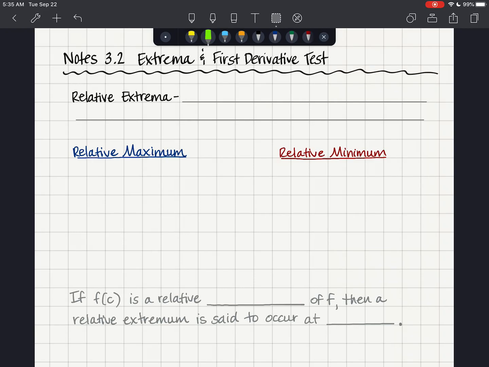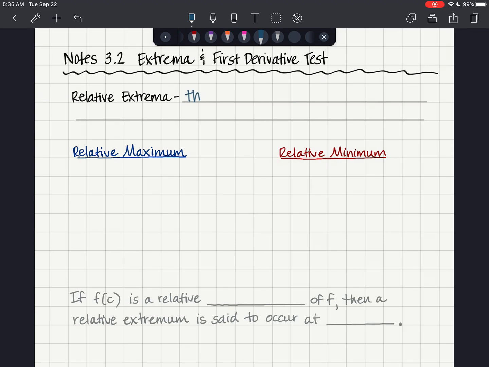Okay, in this video we're going to discuss extrema and the first derivative test. So previously we talked about how we can use the first derivative to find portions of your graph that are increasing and decreasing. Relative extrema are defined by the points at which a function changes from increasing to decreasing and vice versa.